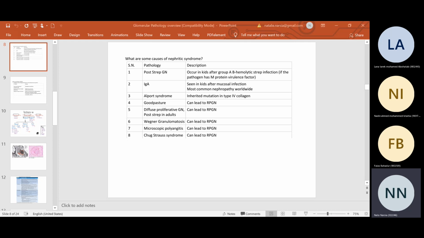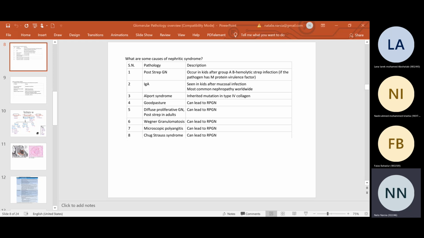But 2-3 weeks later, the patient has hematuria, hypertension, pitting edema, or periorbital edema. You should know here that it is post-streptococcal glomerulonephritis.